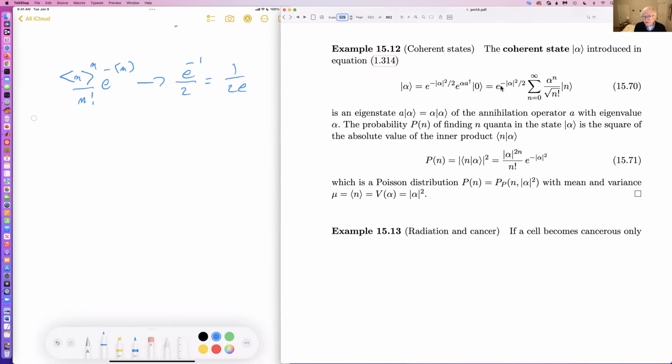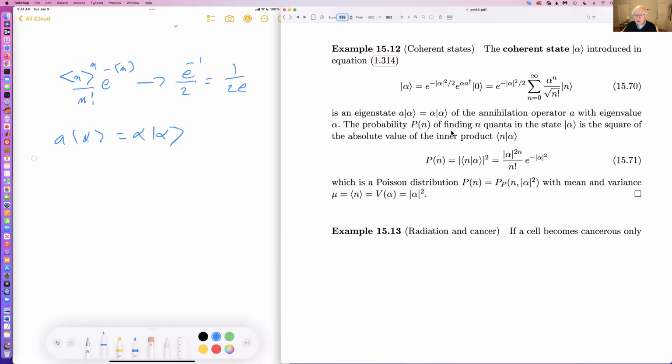It turns out that coherent states are intimately related to the Poisson distribution. The coherent state of argument alpha is an eigenstate of the annihilation operator: a on alpha is alpha times alpha. And that alpha state is this expression here. And so now you see this is kind of like a Poisson distribution.